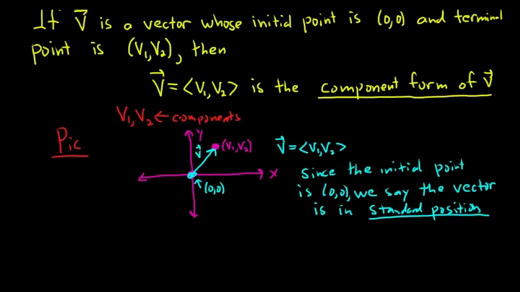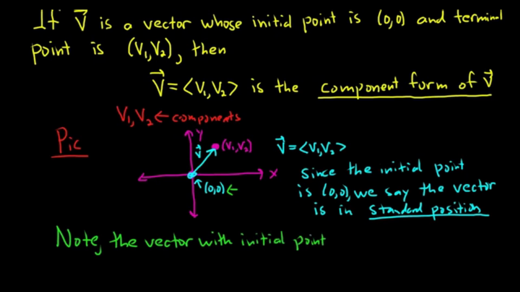Just another remark actually. Note the vector with initial point (0, 0) and terminal point (0, 0), so the initial point is the same as the terminal point, is called the zero vector.